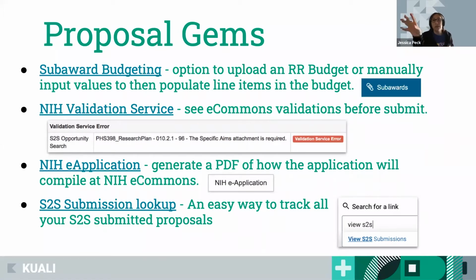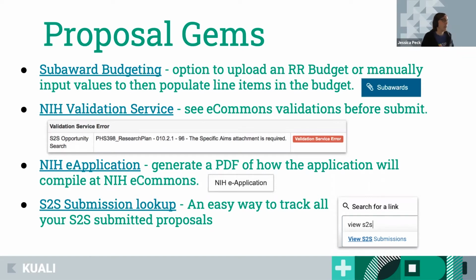So we're going out to Commons using their service, and then you can see that compiled package. It's really nice too, because at least when I submitted at U of A, their PIs were anxious about how images would translate when compiled, or the spacing and the formatting. So it's a nice visual indicator before you submit.